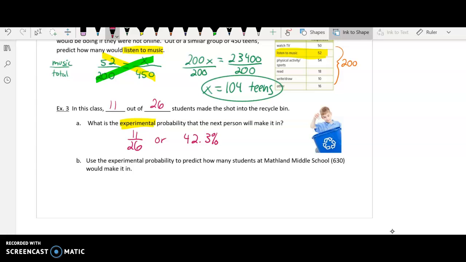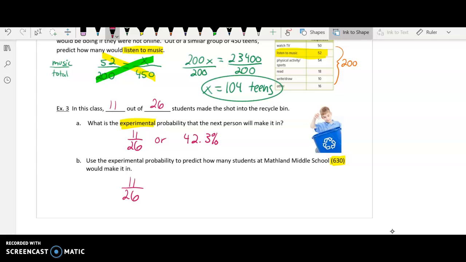And now in the next part, again, we're going to have to set up a proportion. So we're told to use the experimental probability to predict how many students at Mathland Middle School, which has 630 students total, would make it in. So we can use our 11 out of 26 students that made it in and set up a proportion.